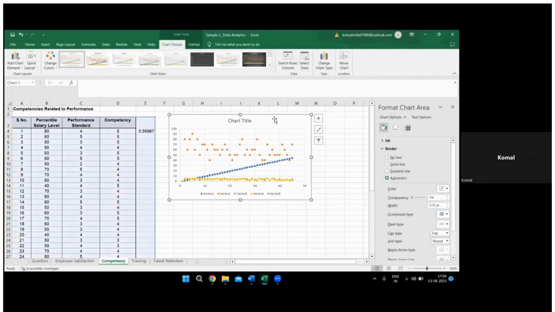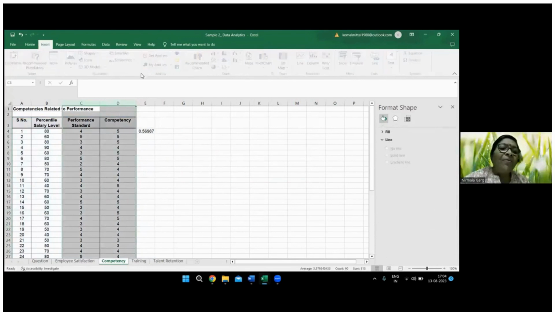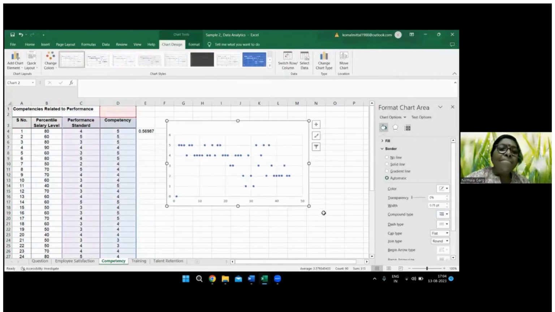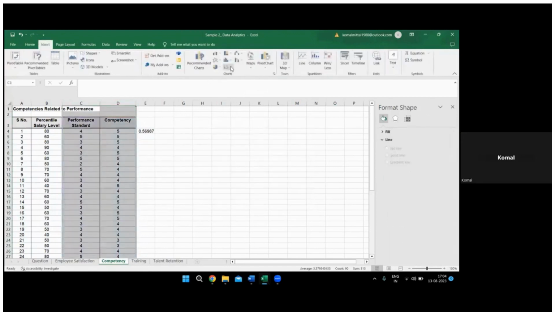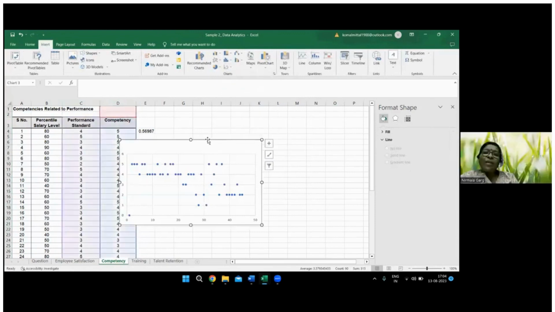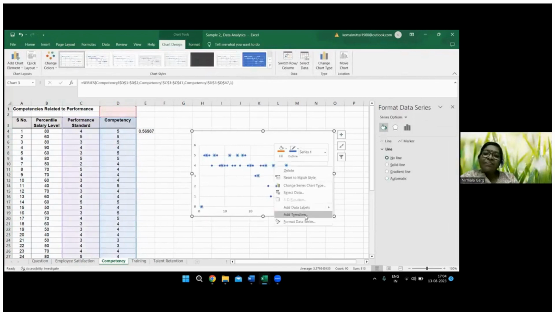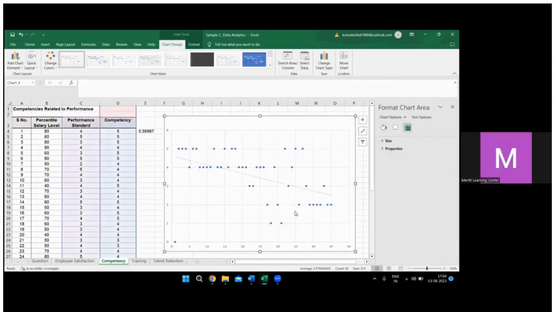What you do is just select, then click on any of the blue dots and right click, add trend line. Absolutely excellent. So what does it show? There is, in fact, a correlation.